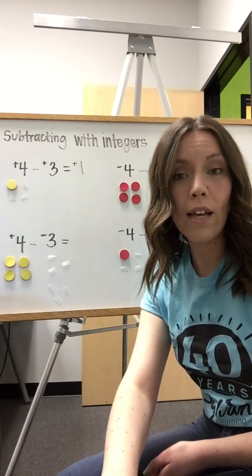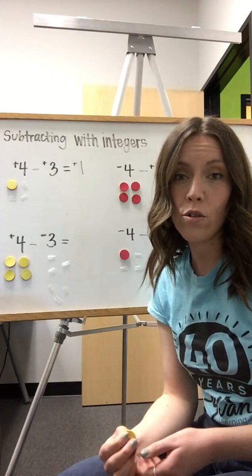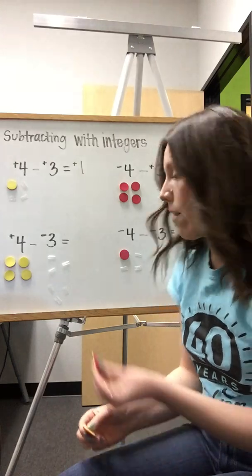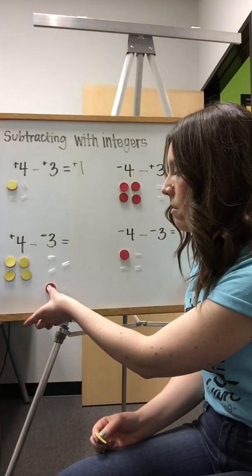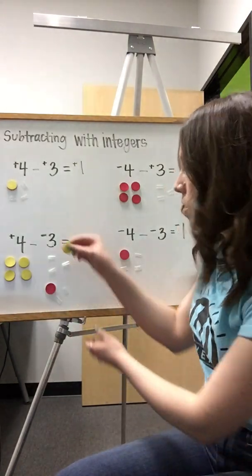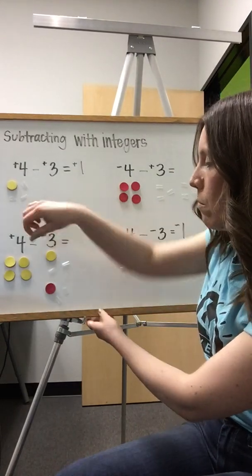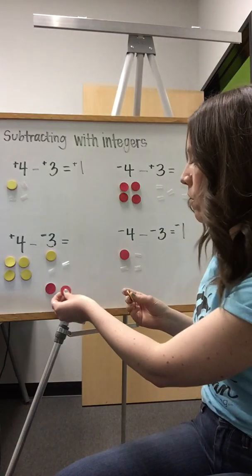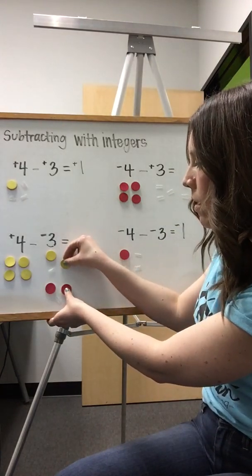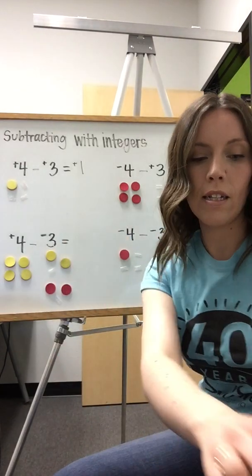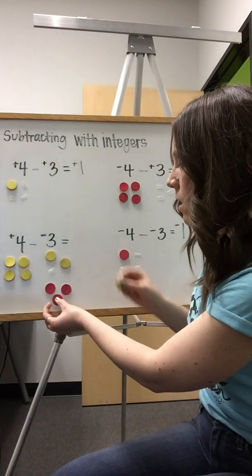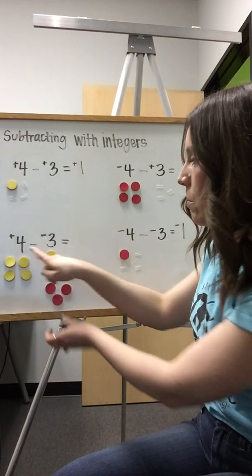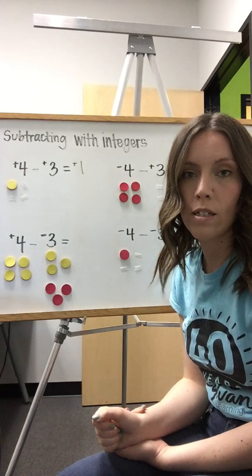But in order to do that, I don't want to change my initial value. So for every red circle that I add, or negative 1, I need to also introduce a positive 1 to cancel it out. So I'll continue to do that, introduce 1 negative and 1 positive, until I have enough to be able to complete my subtraction sentence.